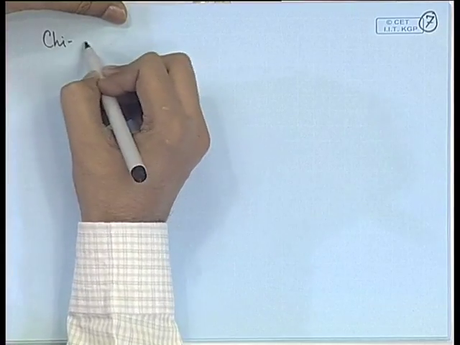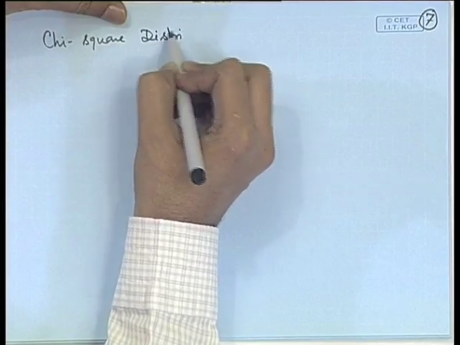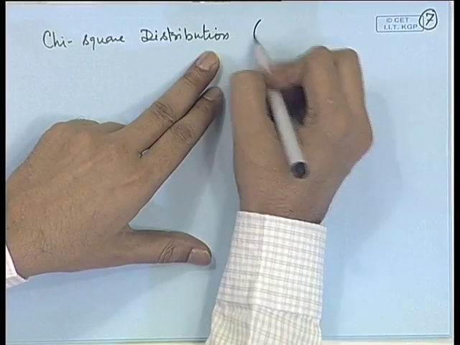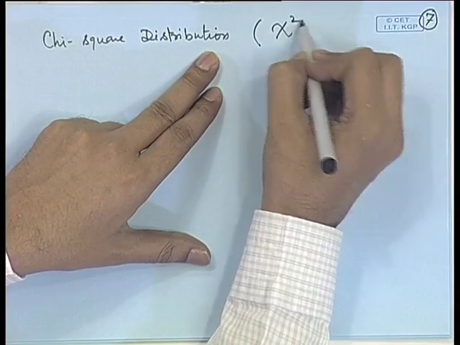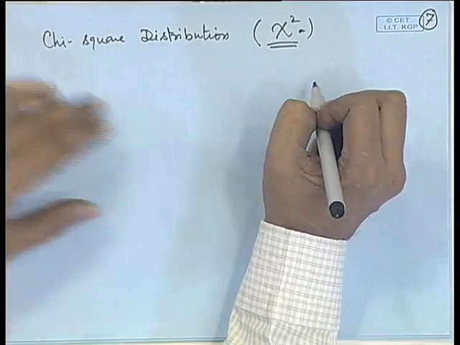Now, we discuss another sampling distribution which is known as the chi-square distribution, and it is written with the Greek letter chi. So, chi-square distribution.